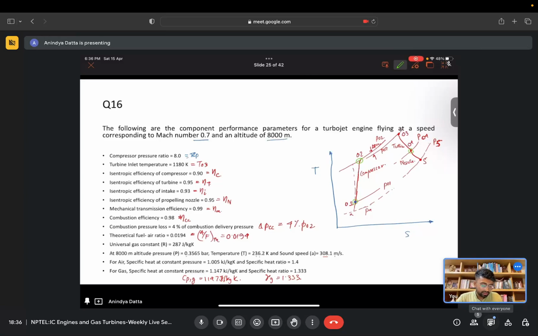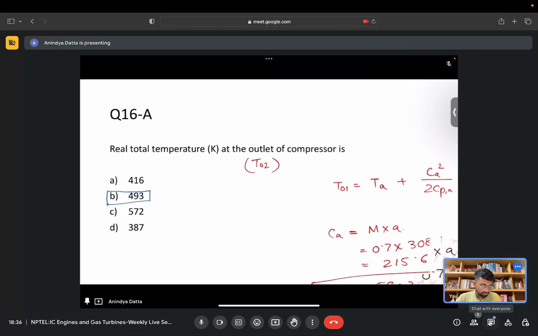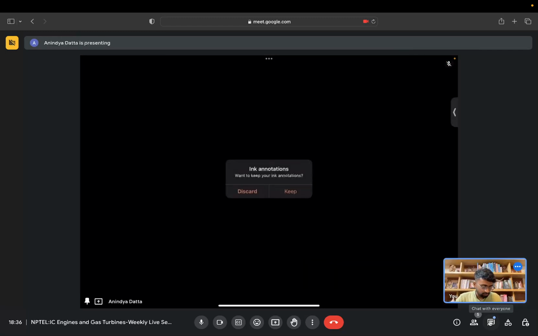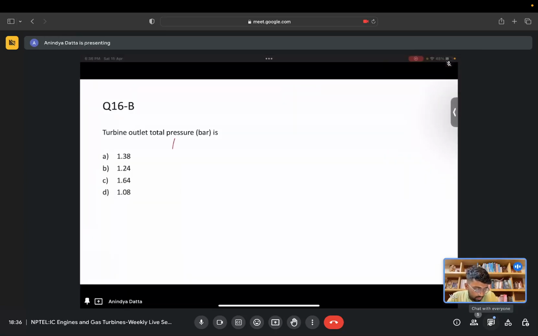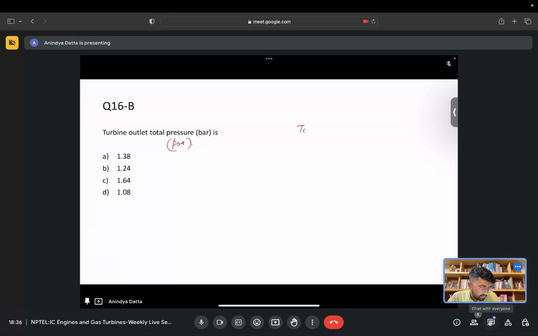Temperature at state point 03 is given, which is 1180 Kelvin. So we need to find out P04 basically, right? Let's find out the things at state point 03, which is turbine inlet, or combustion chamber exit.